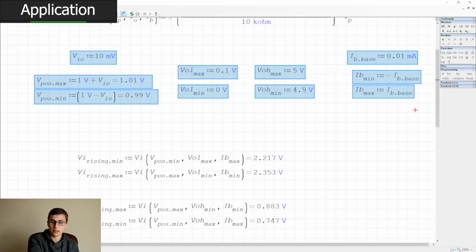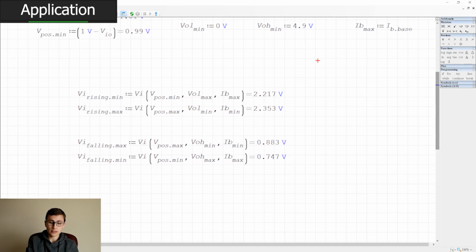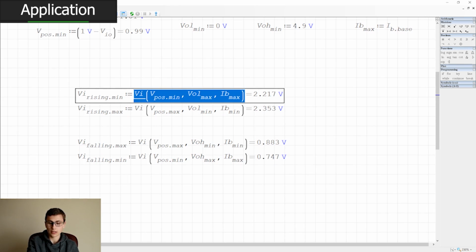We find everything we need to know, the mins and maxes for all of those variables, and then you just plug them in. So then we can use that equation to say, hey, I want to know what the input trigger threshold is. VI, what voltage will this comparator trip at? That's what we're basically asking.